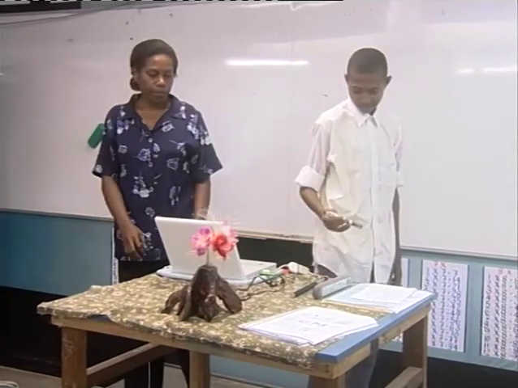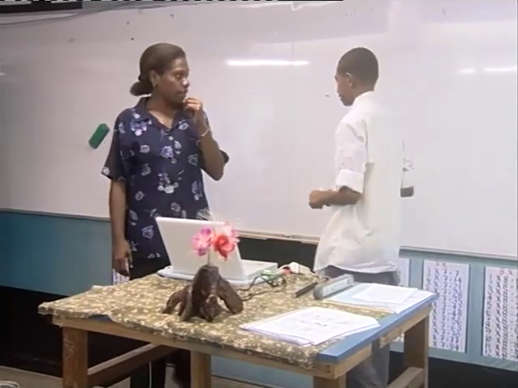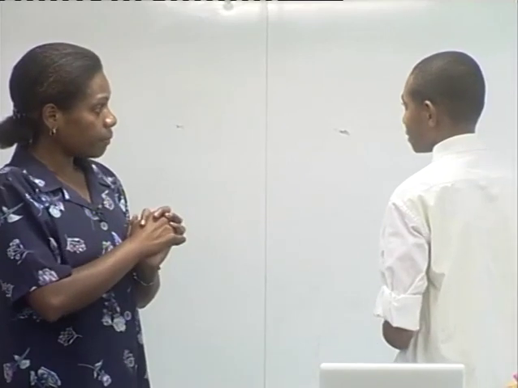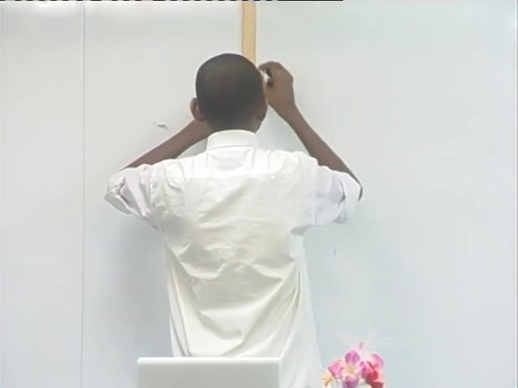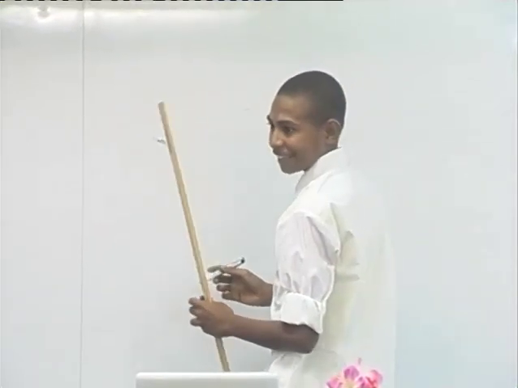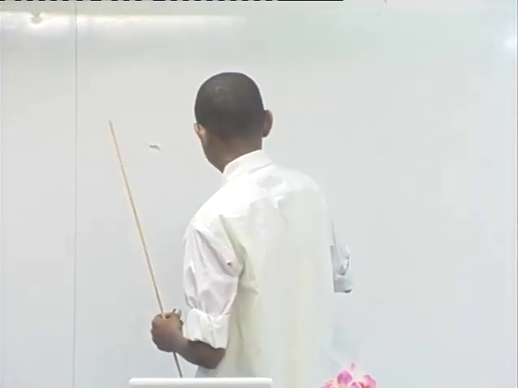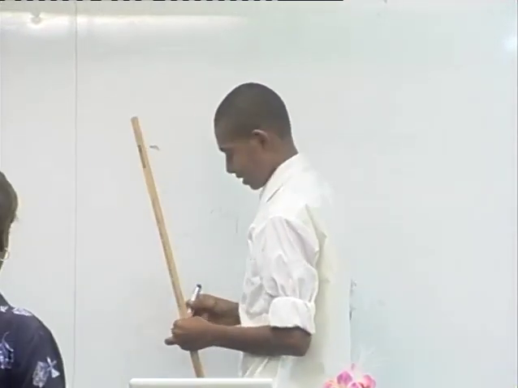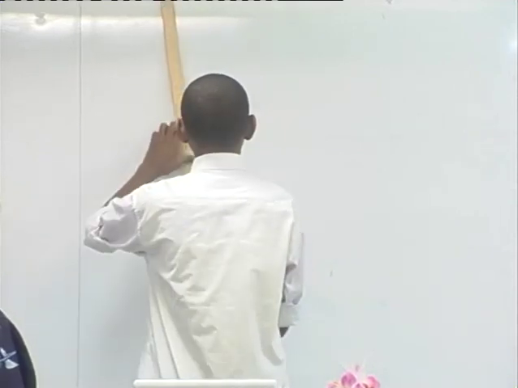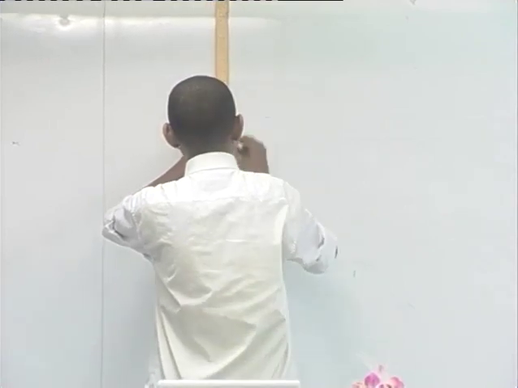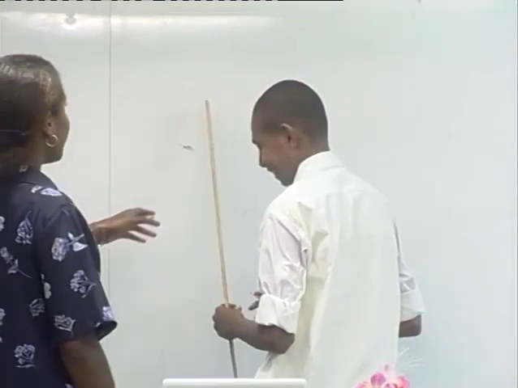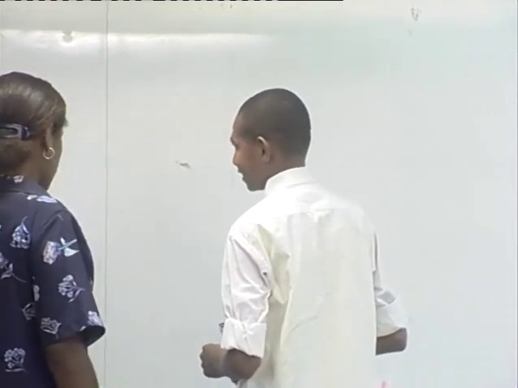Receiving students, you can go up to the board and draw up the cardinal points. Just write north, south.